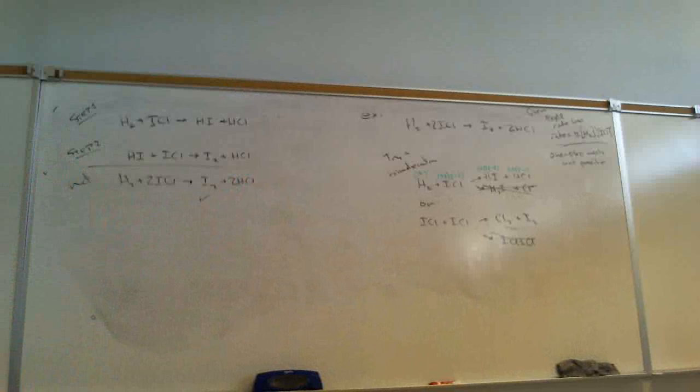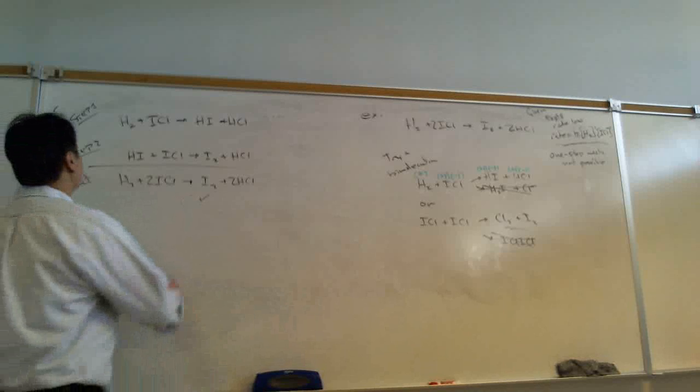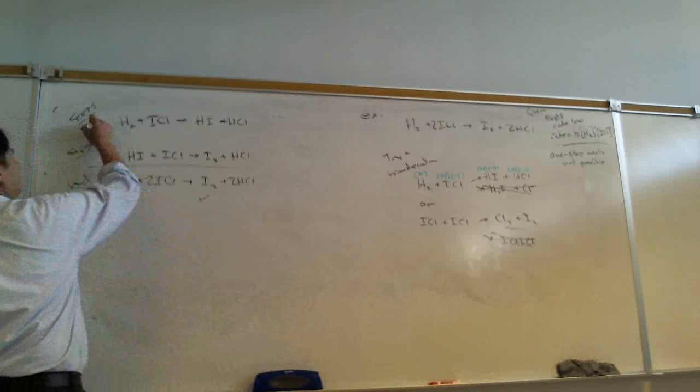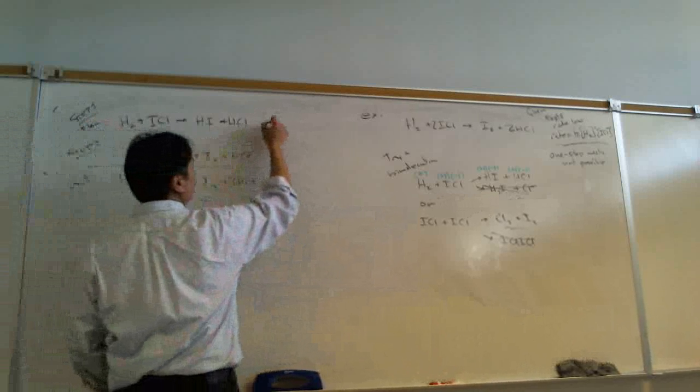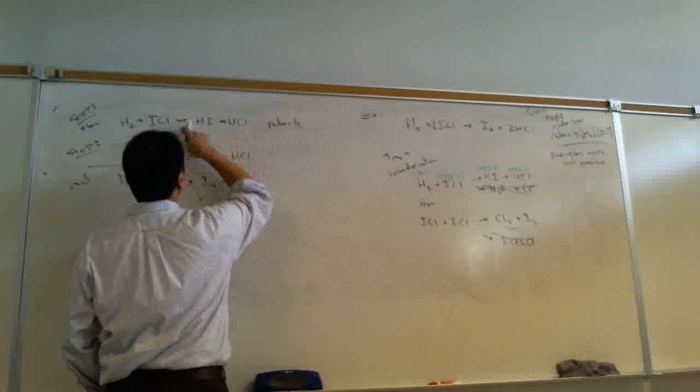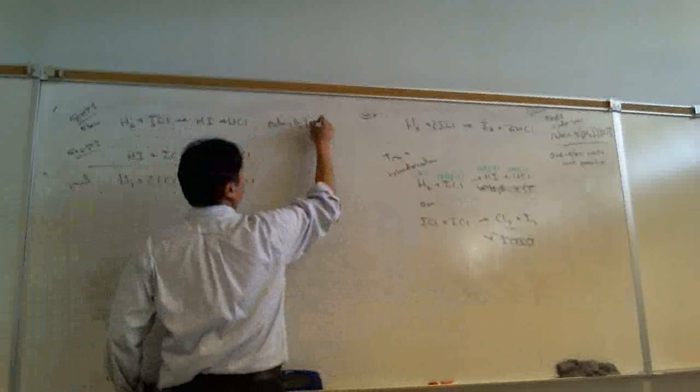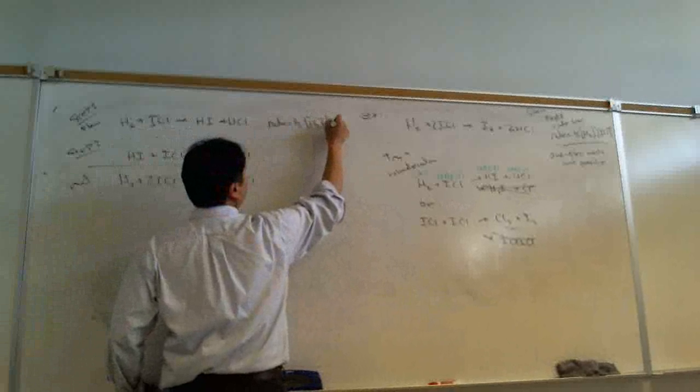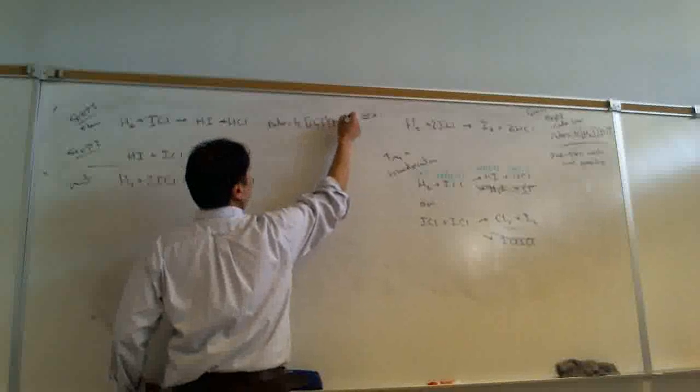Now, we just have to make sure the rate law matches. Let's call the first step the slow step. If I call the first step the slow step, then the rate is going to equal k1 times H2 to the first and ICl to the first.